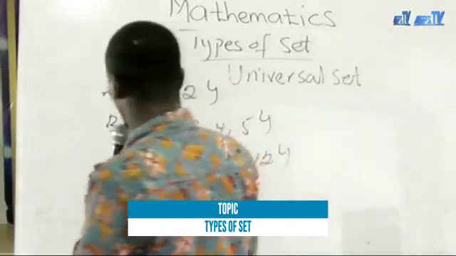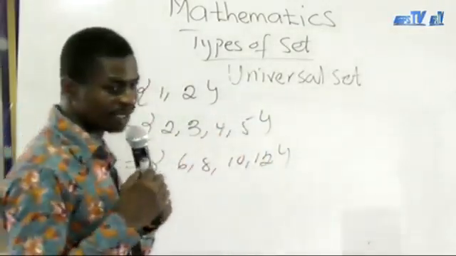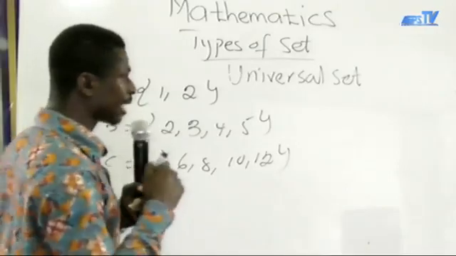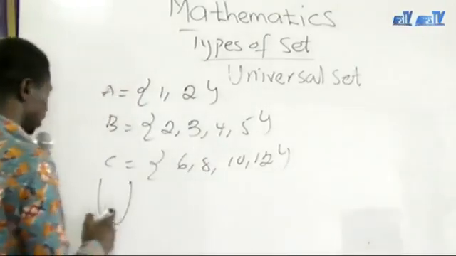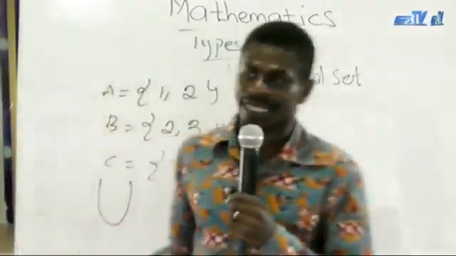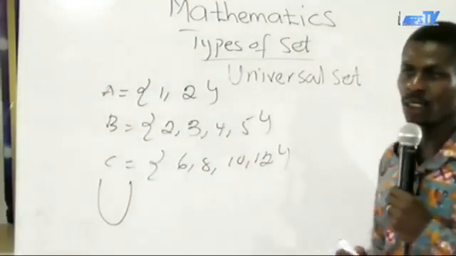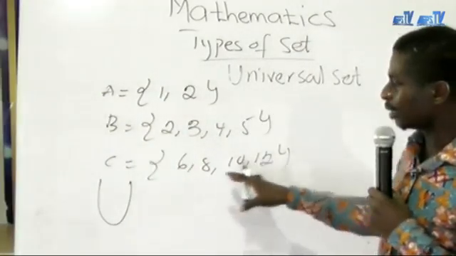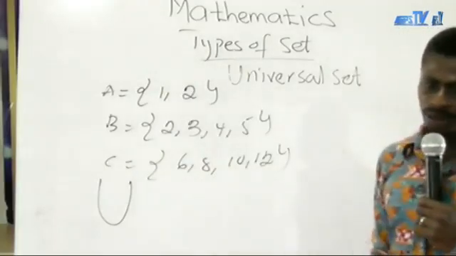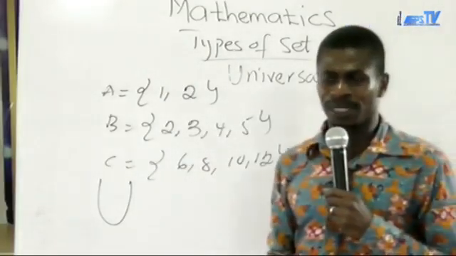Now, I am going to put the universal set together. And once again, we use a big symbol like this for the universal set, just the same as the union symbol. And you can use the union and the universal set as a replacement.